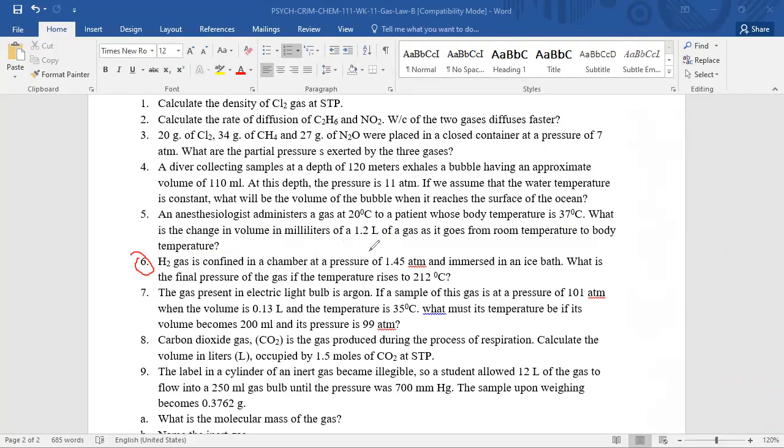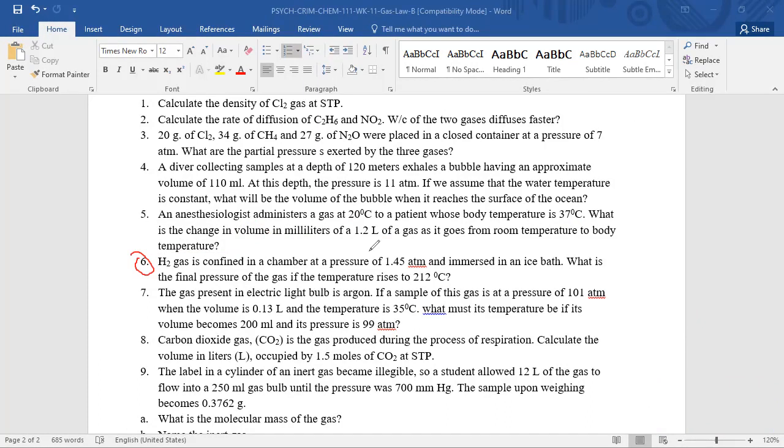Hydrogen gas is confined in a chamber at a pressure of 1.45 atmospheric pressure and immersed in an ice bath. What is the final pressure of a gas if the temperature rises to 212 degrees Celsius? Pressure and temperature, ano yung kanilang relationship?